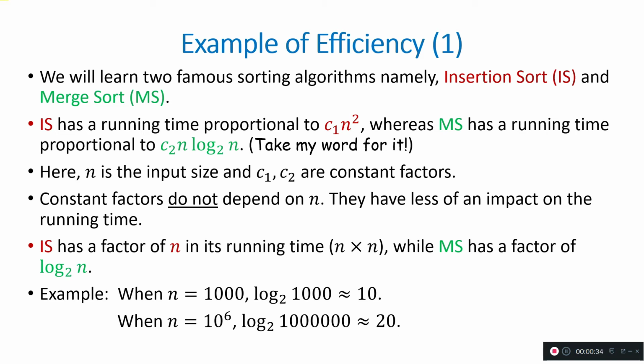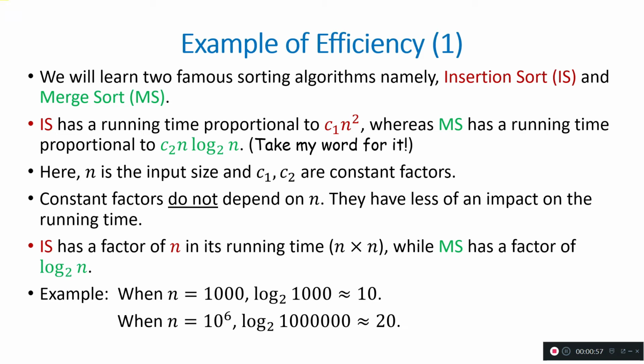Say an array of size n is equal to 15, for example. C1 and C2 are constants that are independent of n. Therefore, the impact of these constants is negligible. Note that the running time of insertion sort depends on n, while that of merge sort has a factor of log n.